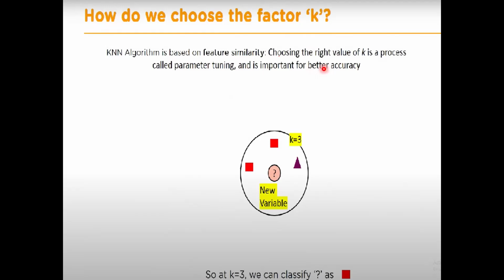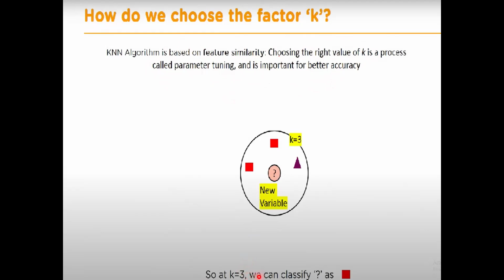Then choosing the right K value is a process called parameter tuning, and it's important for better accuracy. So for finding the K value, we consider the feature similarity, and then we find the K value by the process called parameter tuning, which is important for assessing the K value for better accuracy.